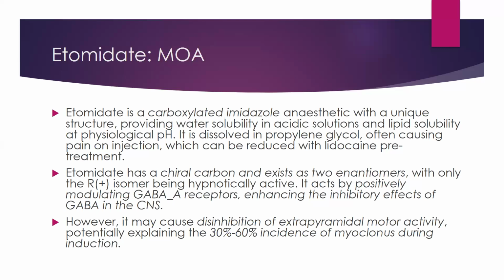It has a chiral carbon and exists as two enantiomers with only the R positive isomer being hypnotically active. Just like barbiturates, it positively modulates GABA-A receptors, enhancing the inhibitory effect of GABA on the central nervous system.